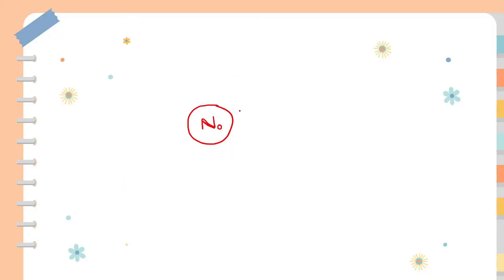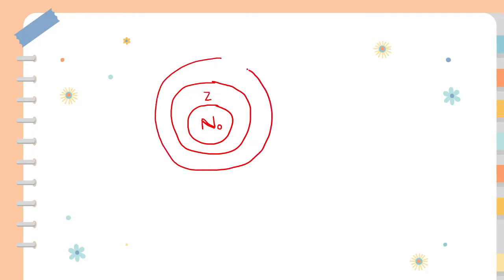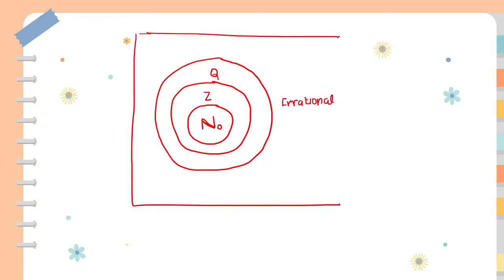The extension of natural numbers was integers, denoted by Z. The extension of integers was rational numbers, Q, and here it was irrational, and all the rational and irrational numbers together make the real numbers. Okay, so this is called real. So this is a real number.